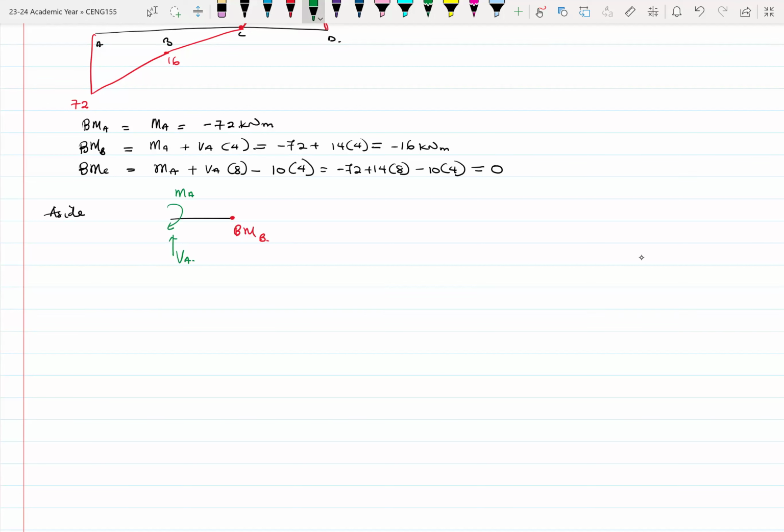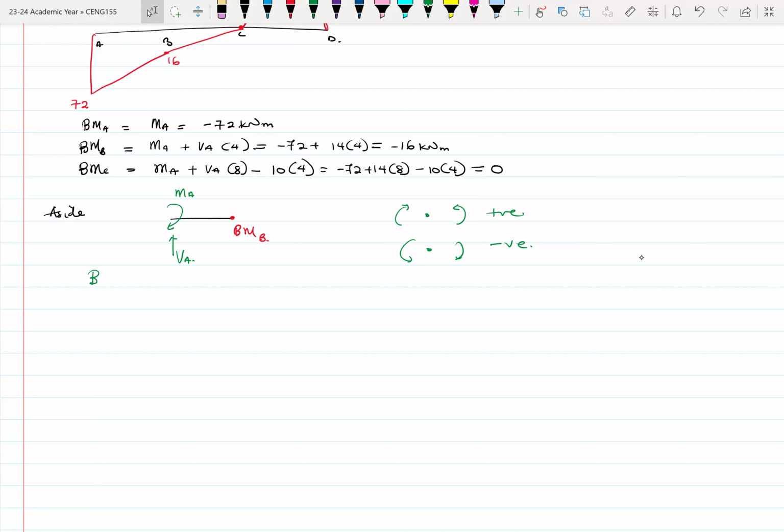We know that these are our sign conventions: this is positive, and this here is negative. Our VA is on the left of B, and our MA is also on the left of B.